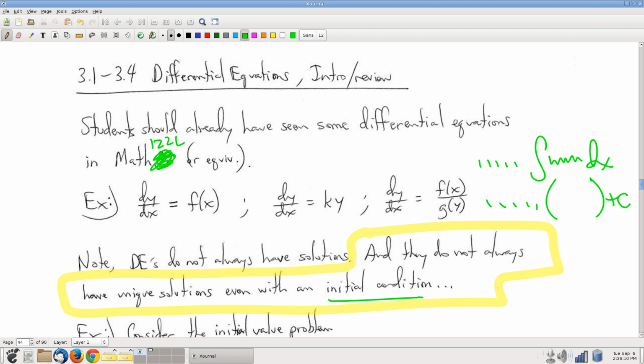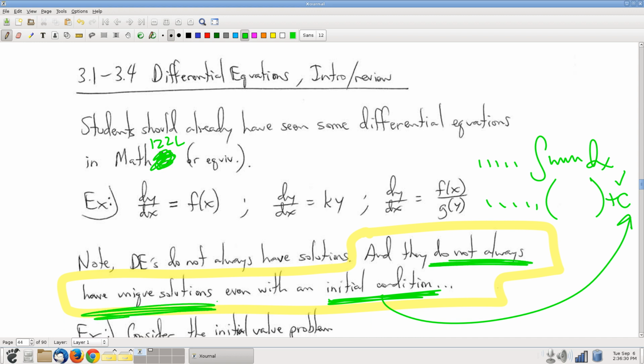And the initial condition allows you to solve for that c, which then gives you the solution. This, roughly speaking, is what happens very often. The thing is, that does not always work. Sometimes, even with an initial condition, the solutions are still not necessarily unique. You still might have multiple solutions.